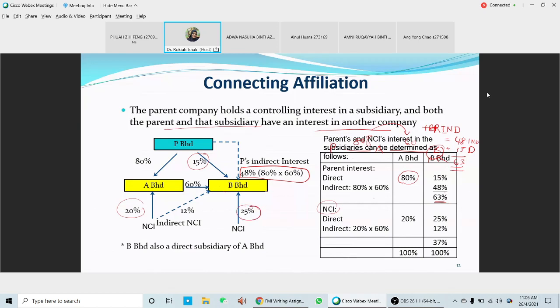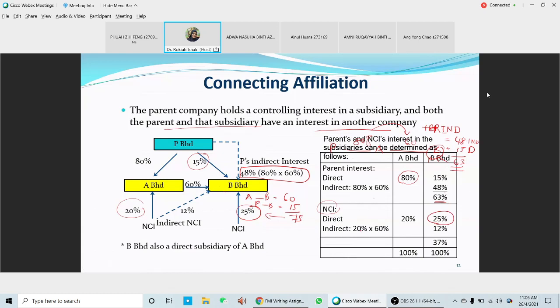Where does the 25% come from? A to B is 60%, and parent to B is another 15%. So altogether 75%, which means the NCI has another 25%.